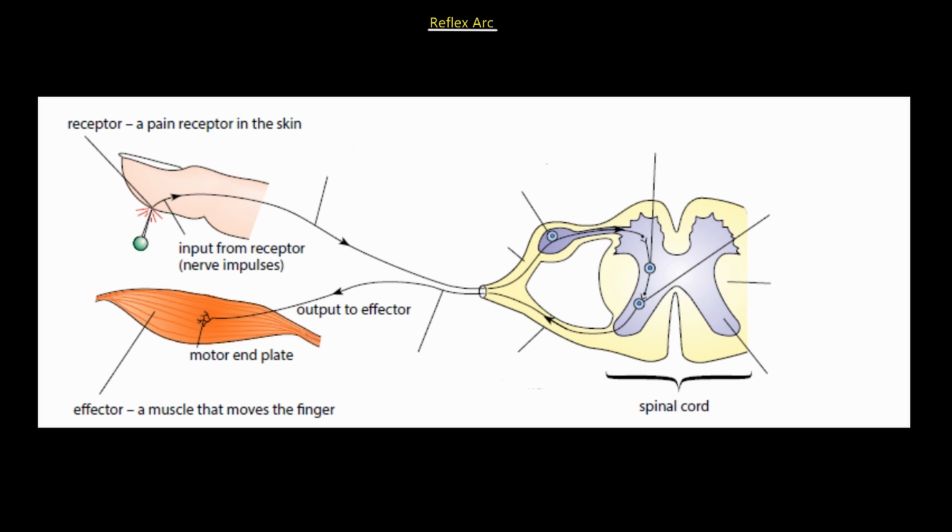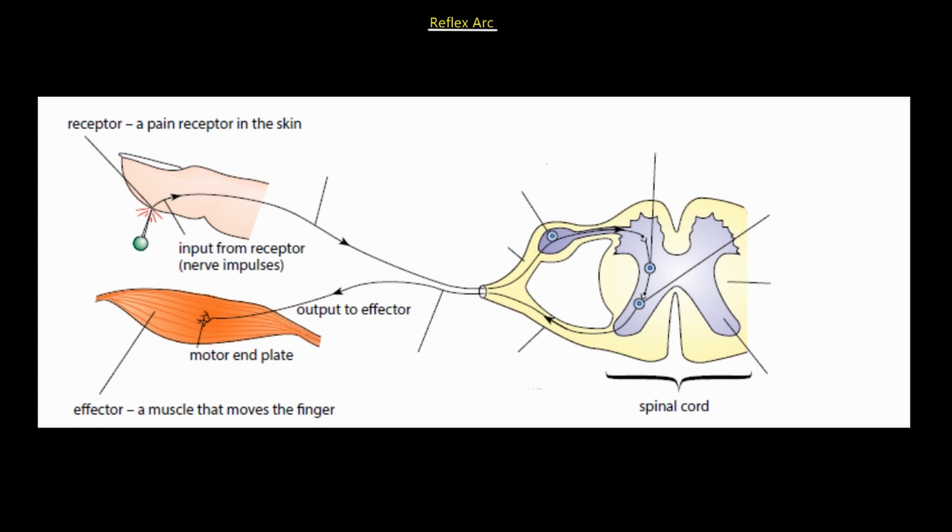When you put your hand on a hot stove by accident, before you get the sense that the hand is burning, your hand has already come off. It automatically pulls away before you even realize it was hot, and then maybe a second later you realize, wow, that was really hot.